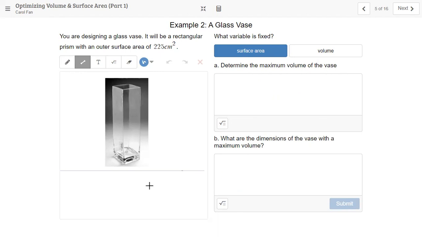Before I solve any of the questions, I'm just going to draw a diagram, the net diagram of this, so that it becomes clear what we have.